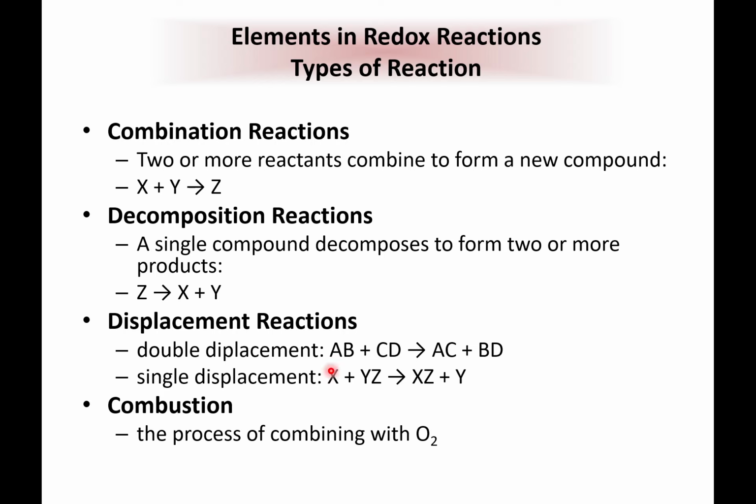Okay, so that's always the products of a combustion reaction, at least when we're talking about hydrocarbons, CO2 and water. Okay, those are always going to be redox reactions. And that's because O2 is a reactant that has an oxidation number of 0, and it's combining in a compound for the product, in which oxygen is going to have a -2 oxidation number. So those are always going to be redox reactions.